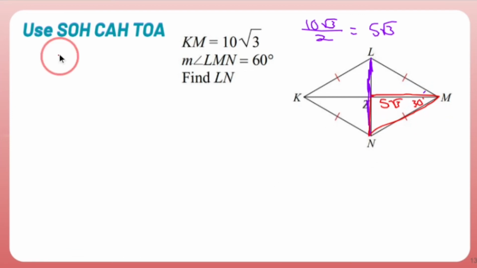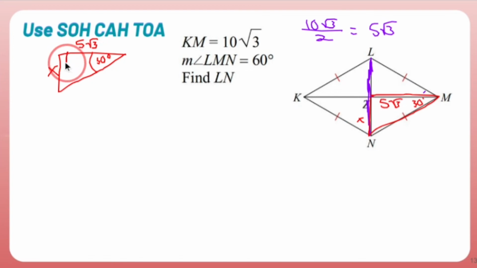So I'm going to use that triangle, which was 30 degrees. This guy was 5 root 3, and I need to find this guy. Once I find this guy, that gets me ZN, multiply it by 2, and I get the whole thing. So what do I have? I have 30 degrees.